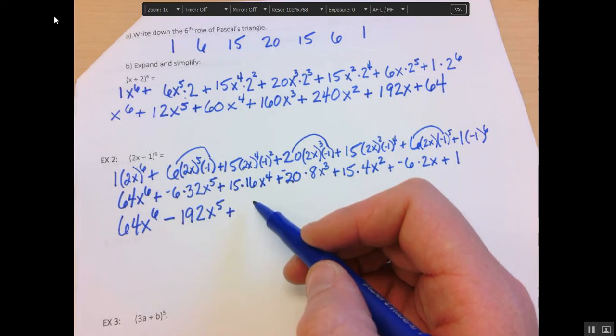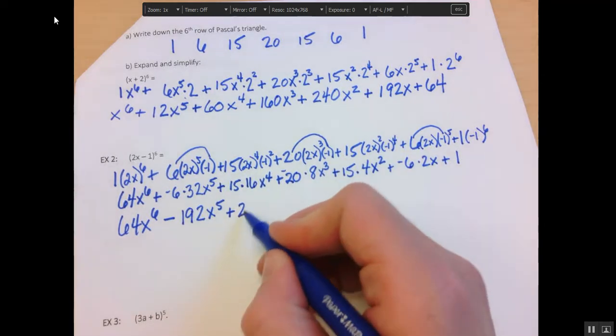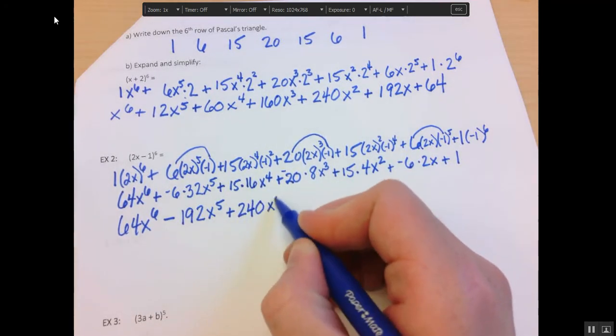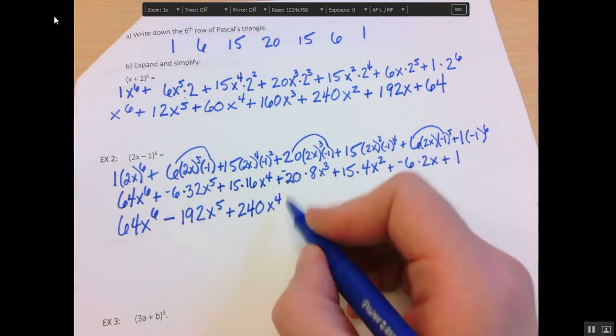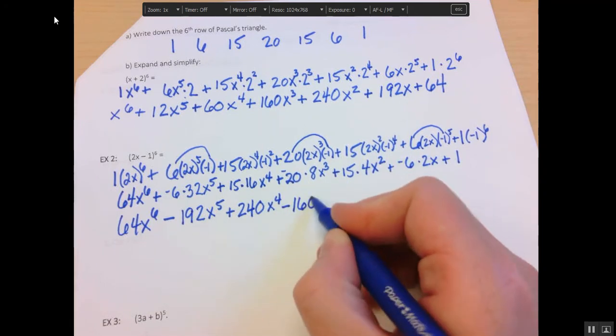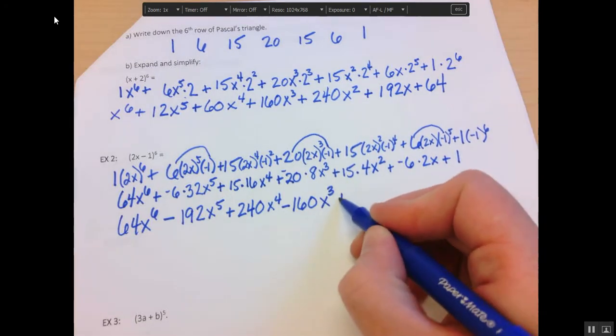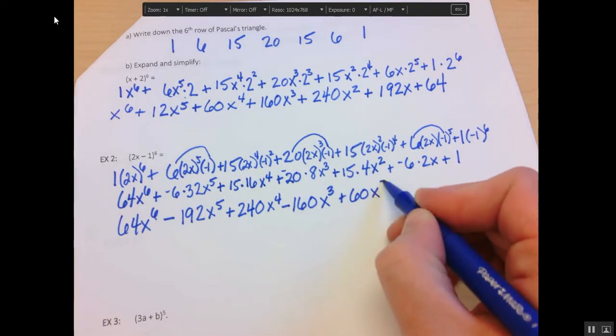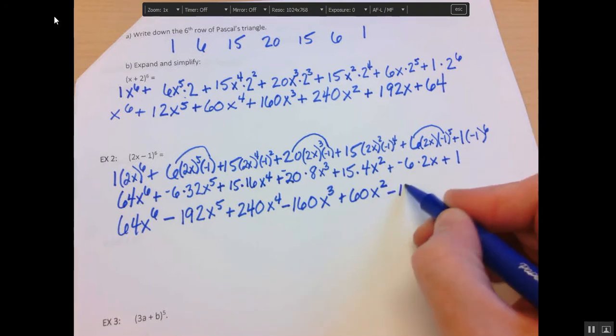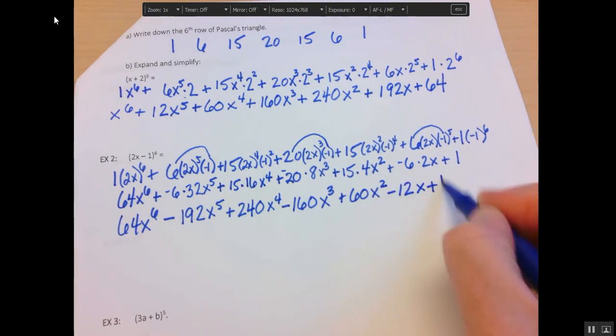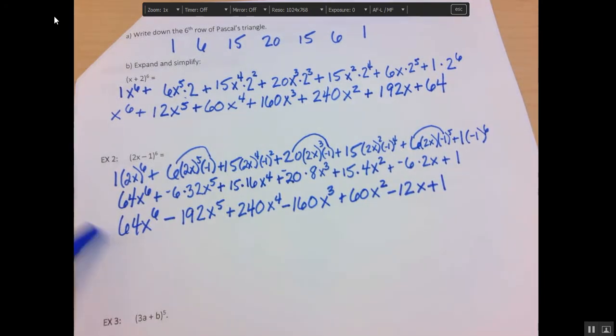We did that already. 240, good. Negative, so this is going to be minus 160. Multiply again. Okay. So this is your expanded polynomial.